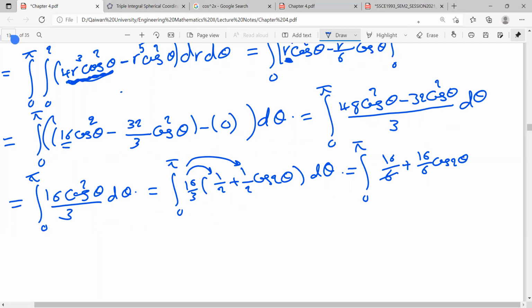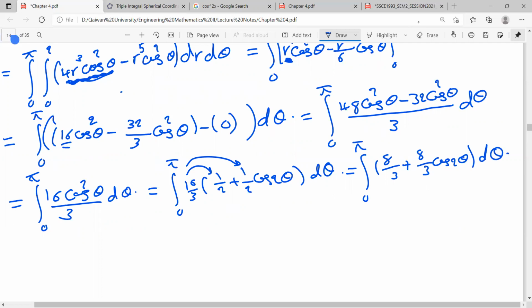Dividing by 2 is 3, dividing by 2 is 8, so it becomes 8 over 3 for both. 8 over 3 and 8 over 3, then dθ.